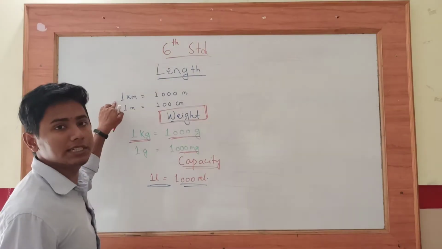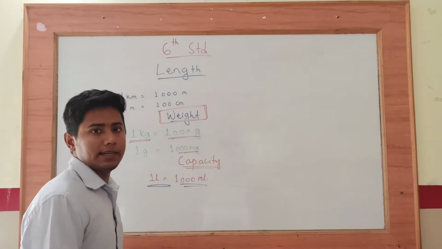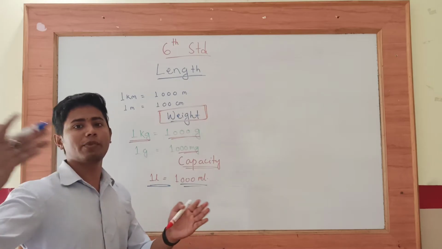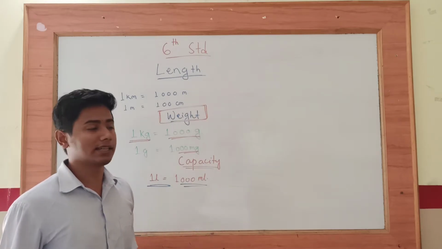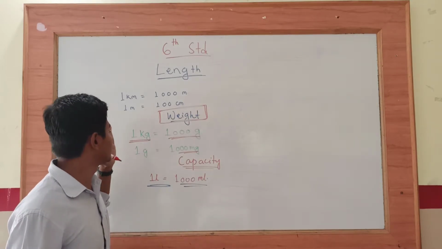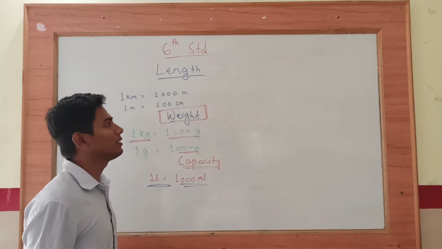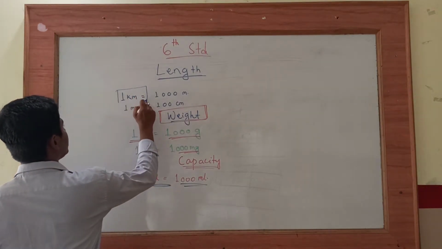Then for distance. From Kalaburagi to Bangalore, how much distance? You can't say 500 kg distance, 1000 gram distance or 6 liter distance. You use only kilometer at that time.